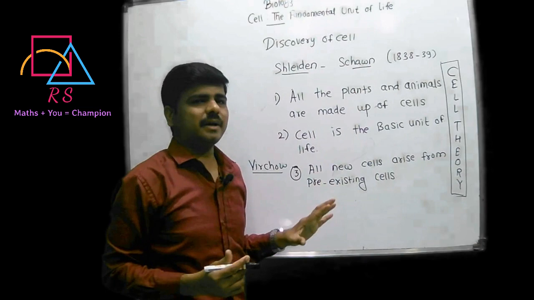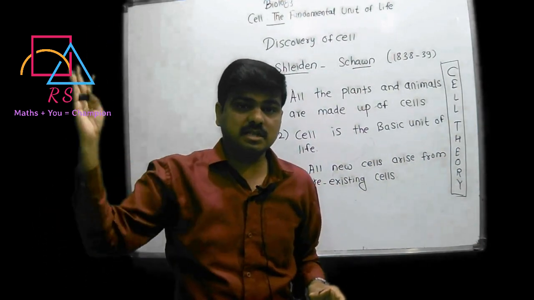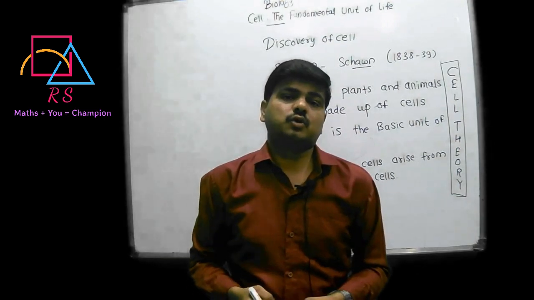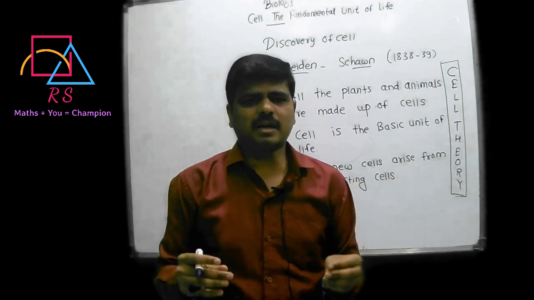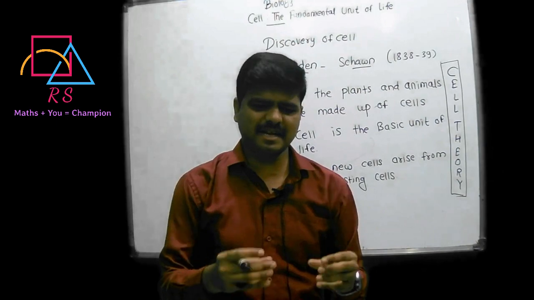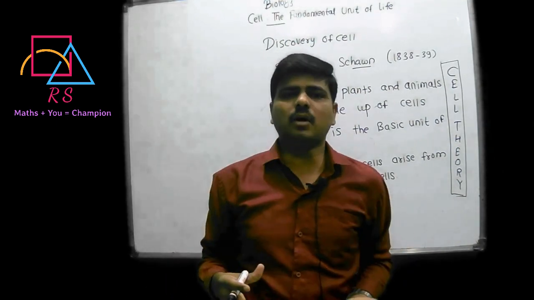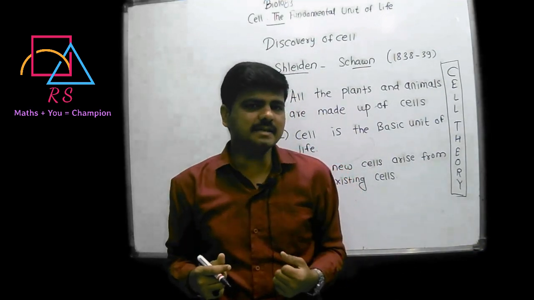So in this way, we started from 1665, the first scientist to find out that there is a certain structure inside the cork cell, and called it a cell. Then Leeuwenhoek came and observed the living cells.